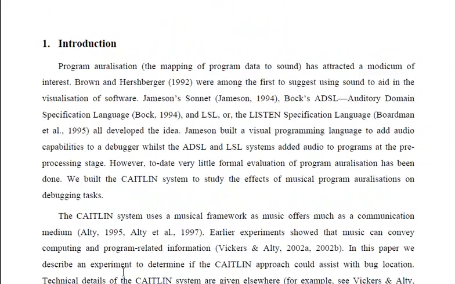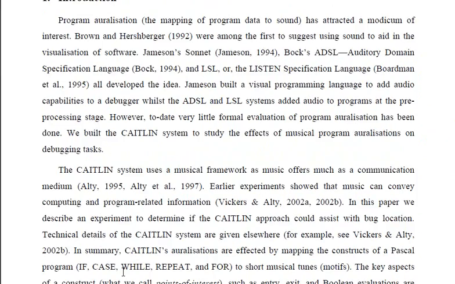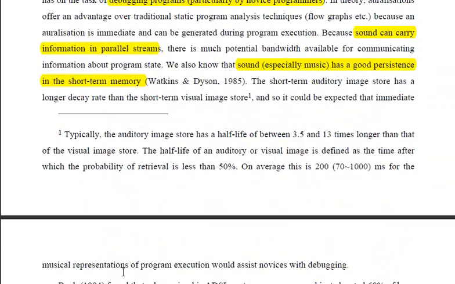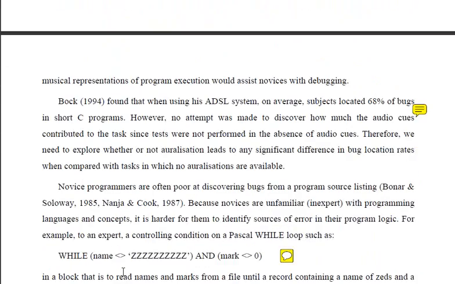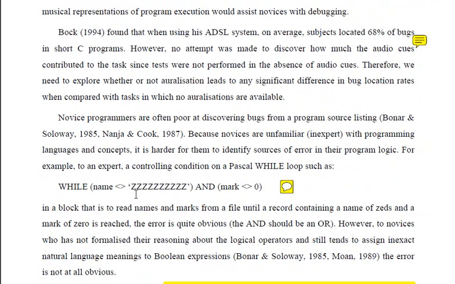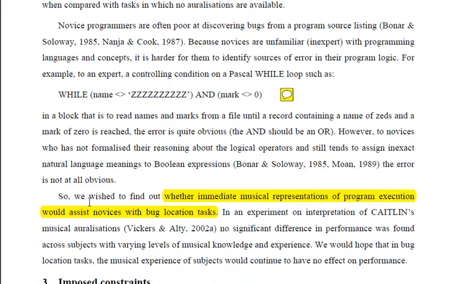If you look at this text here, it talks of how there's a research area out there with other people looking at this sort of stuff, and even down here later on in the objective section, they're also talking about other work in the area. So it's an interesting academic area, but they point out that there's very little empirical study done in this area, and so they're going to assess whether these musical representations would assist novices in bug location tasks towards addressing this empirical deficit.